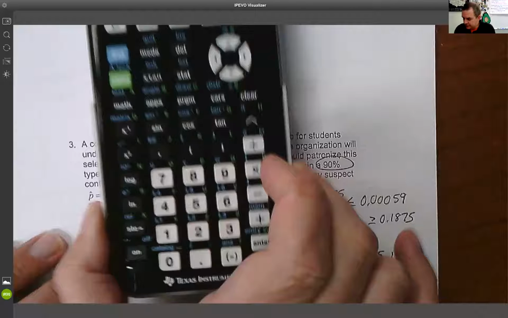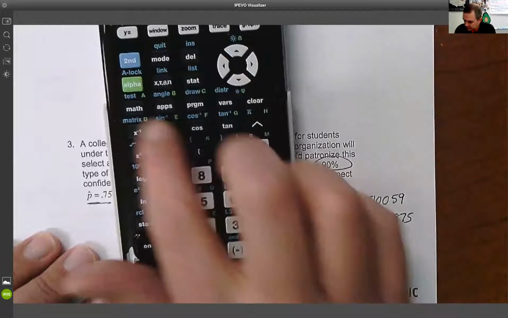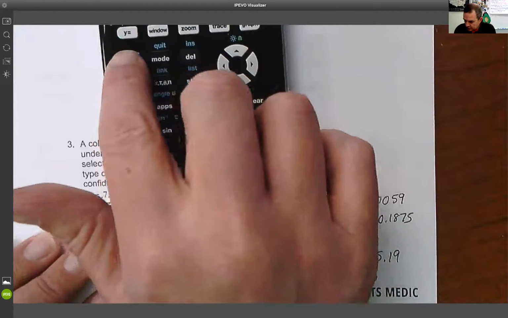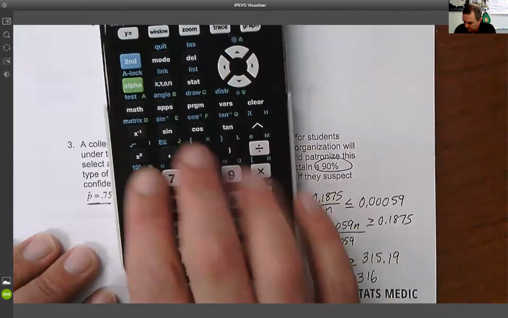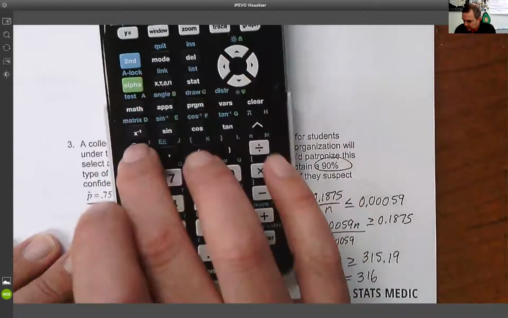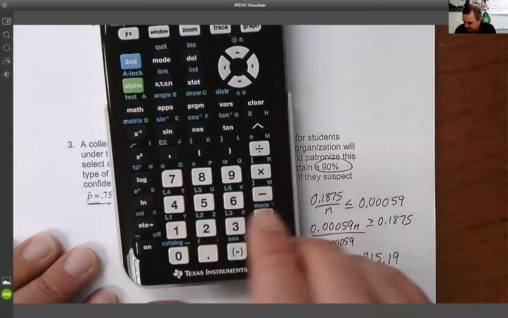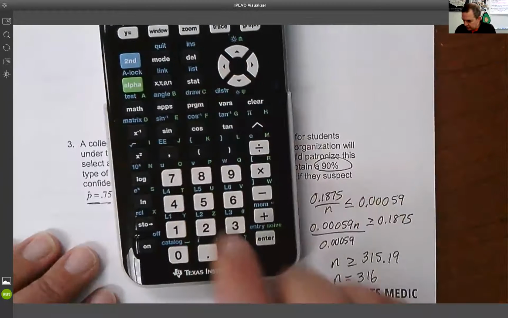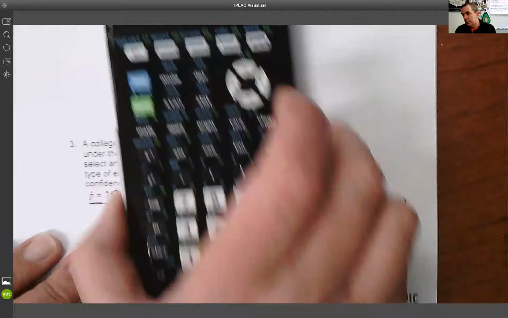What I mean is this. If I did 1.64 times the square root of 0.75 times 0.25 over, and if I did 315 and hit enter, I'm showing the screen.